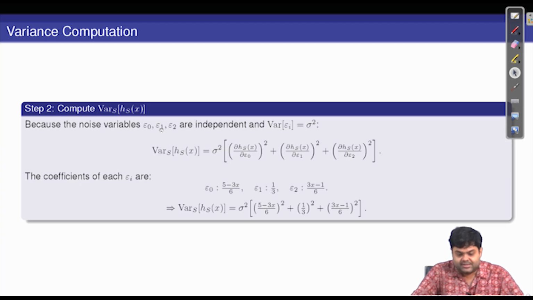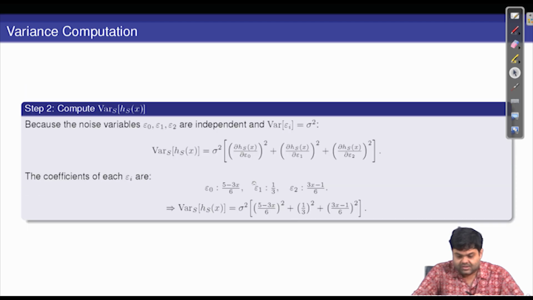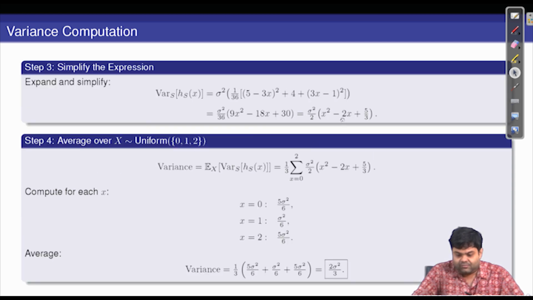Because you are taking an IID sample, when you calculate the variance, you get the sum of these squares, and this gives you the variance to be (x square minus 2x plus 5) over 3. Now when you take the average over all the x's, that variance comes out to be 2 sigma square over 3.